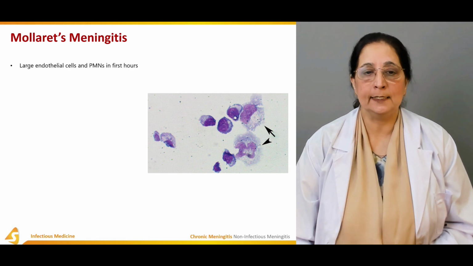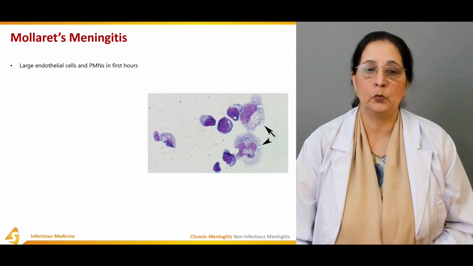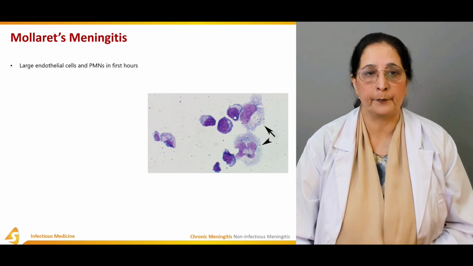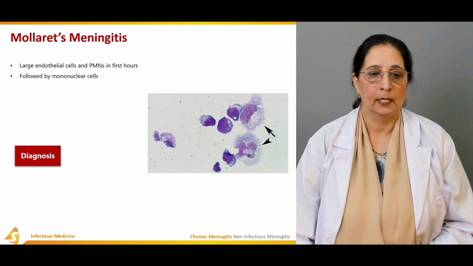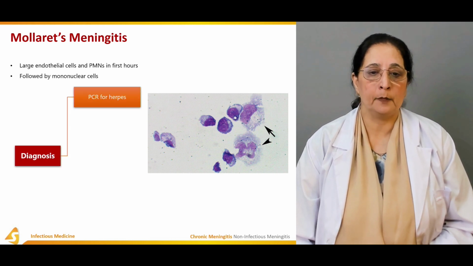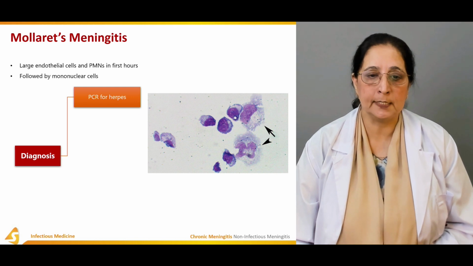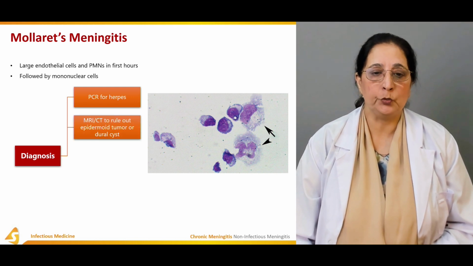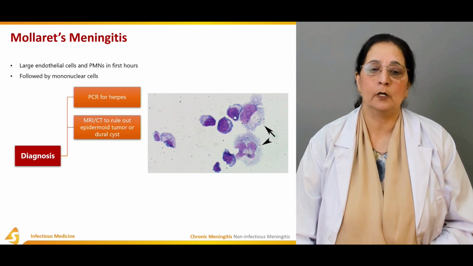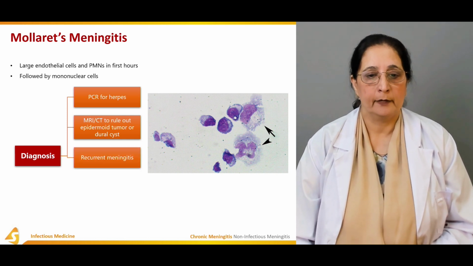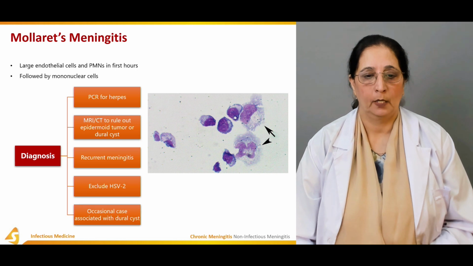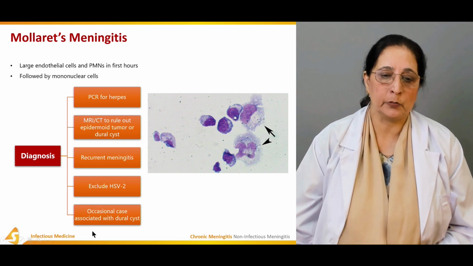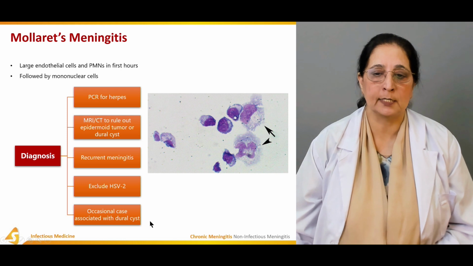Large endothelial cells and polymorphonuclear cells are present in the first hour, followed by mononuclear cells. Diagnosis is by PCR for herpes, and MRI or CT to rule out epidermoid tumor or dural cysts. In recurrent meningitis, exclude herpes simplex virus 2, with an occasional case associated with a dural cyst.